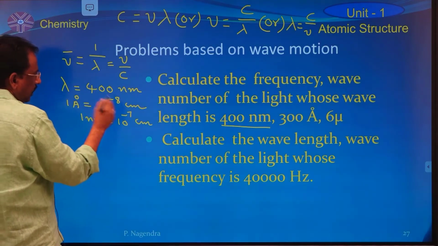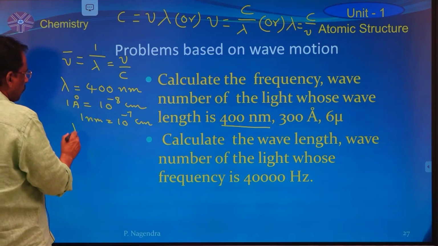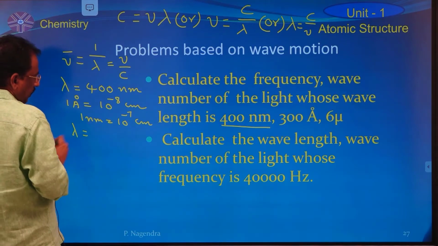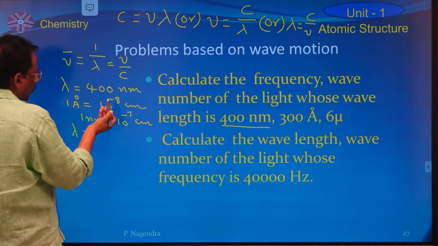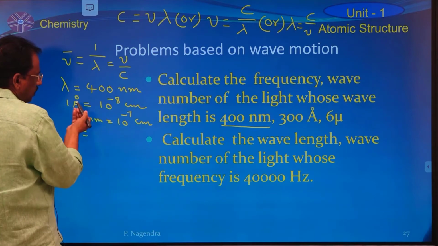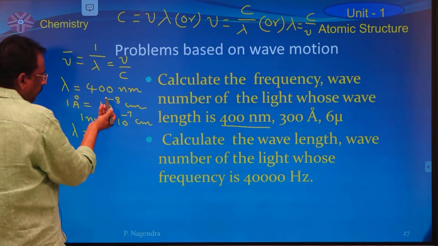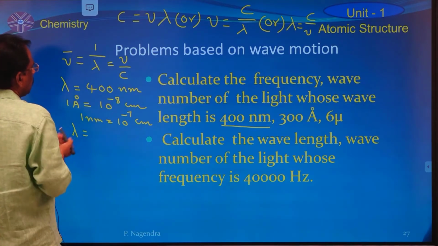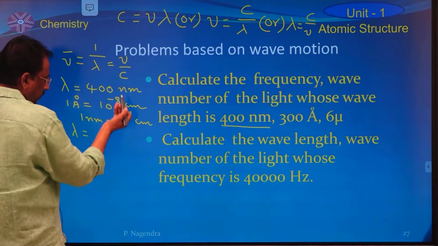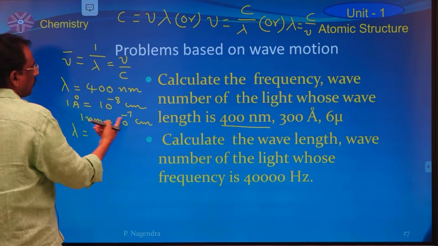First convert nanometers into centimeters. If they give it in angstrom, 1 angstrom is equal to 10 power minus 8 centimeters. So first convert nanometers into centimeters using this conversion.